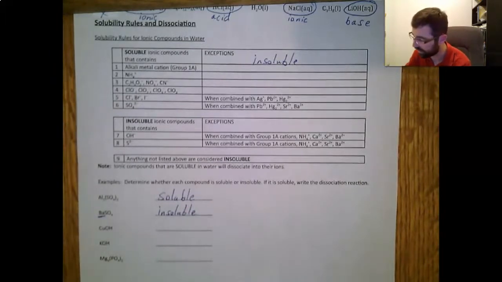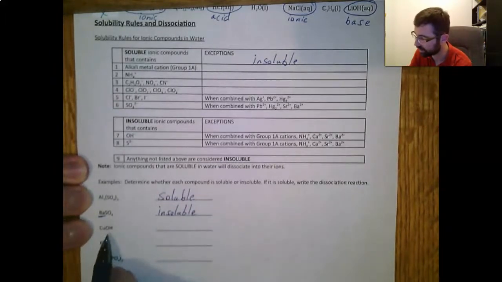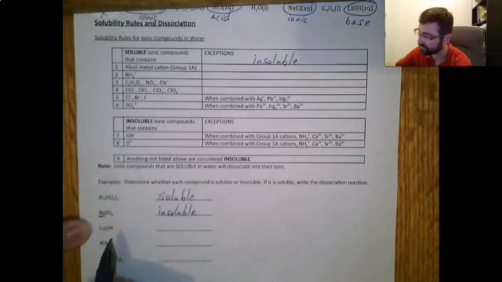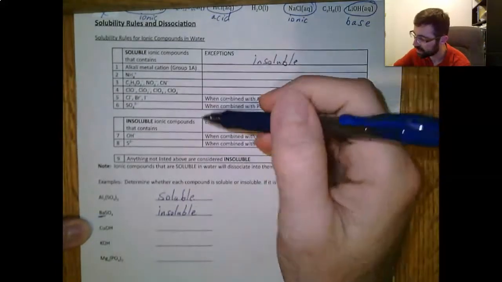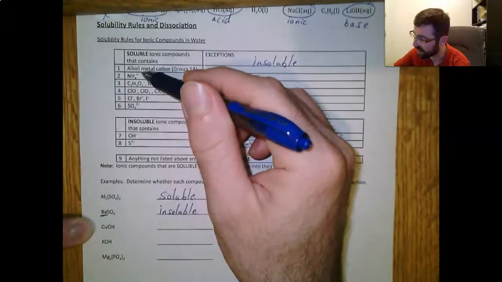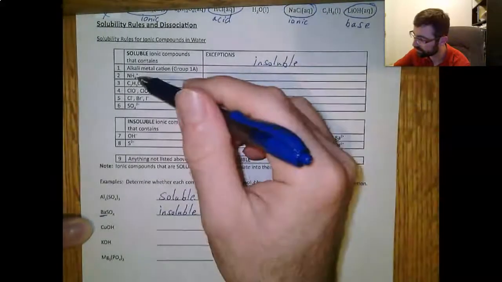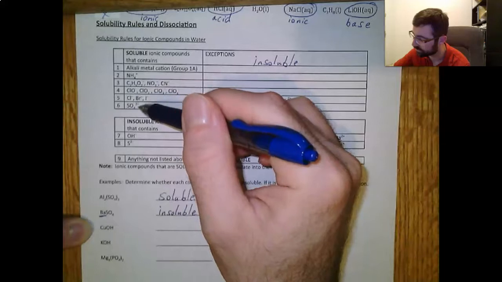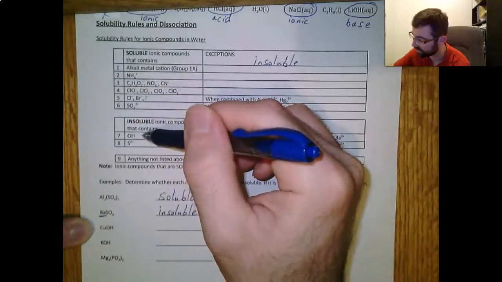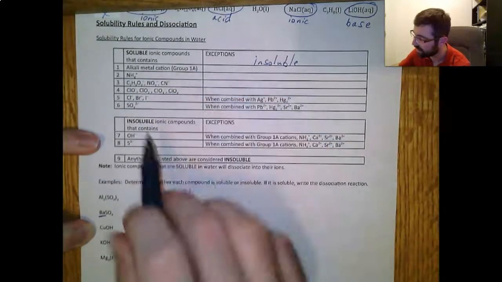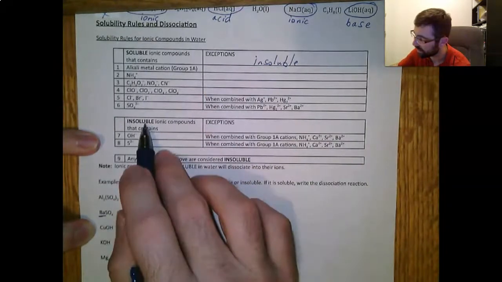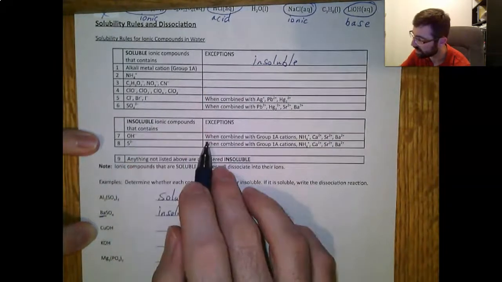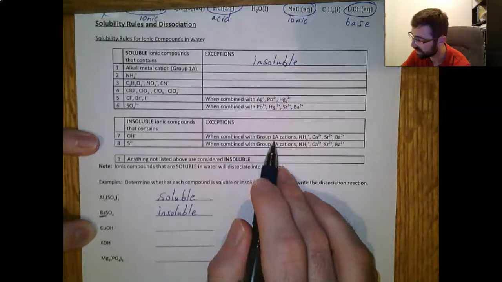Insoluble. All right, and then we have copper 1 hydroxide, CuOH. So let's see, it's not an alkali metal. I see hydroxide. It looks like it's probably going to be insoluble, unless, is it a group 1A? No. Is it NH4?